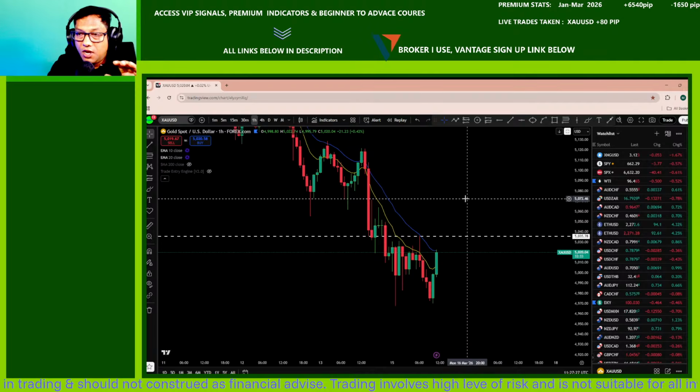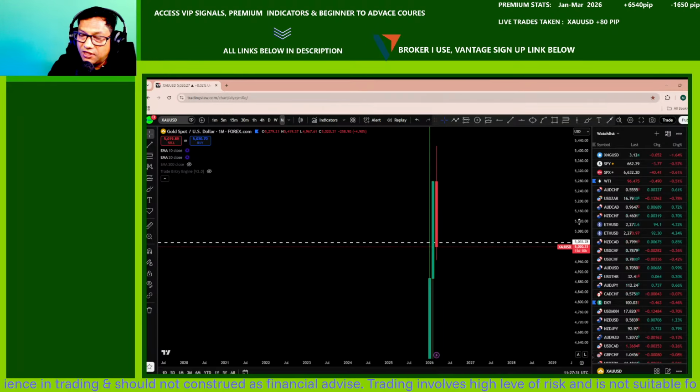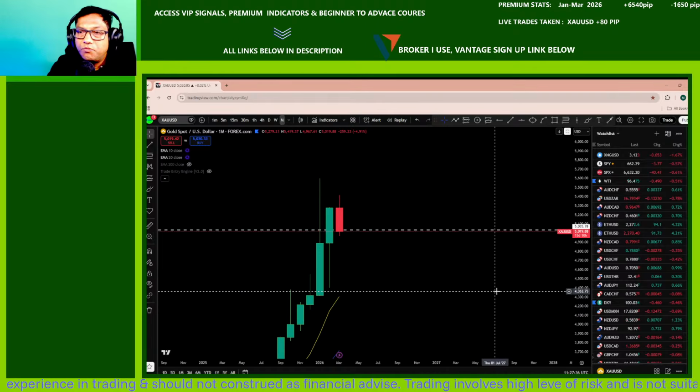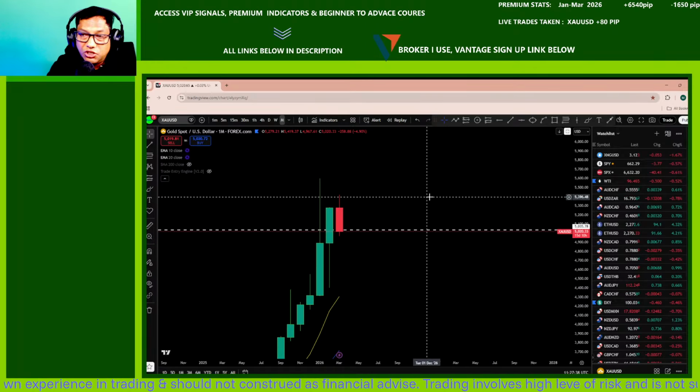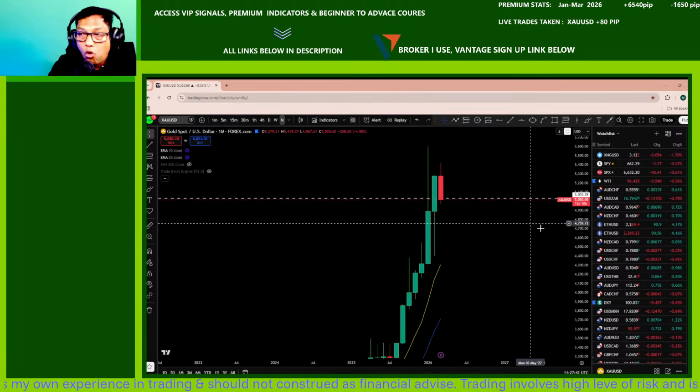Looking first at the monthly chart, this is important because it is the highest time frame you can see here, and in the monthly price action we can see how the market structure is evolving over time.